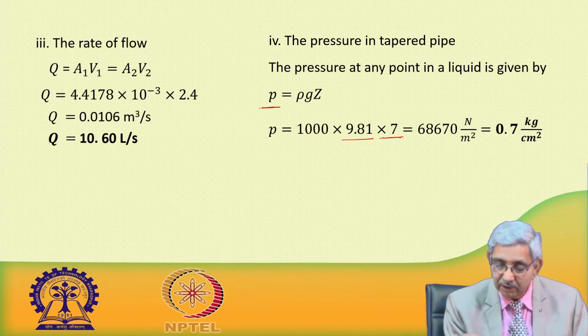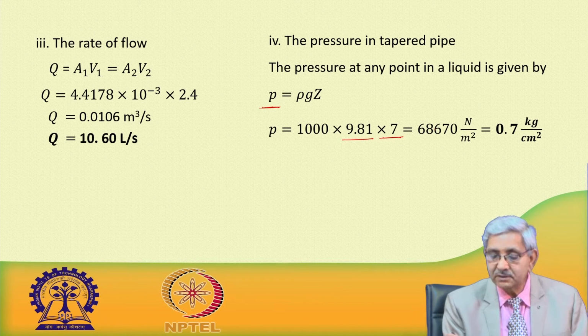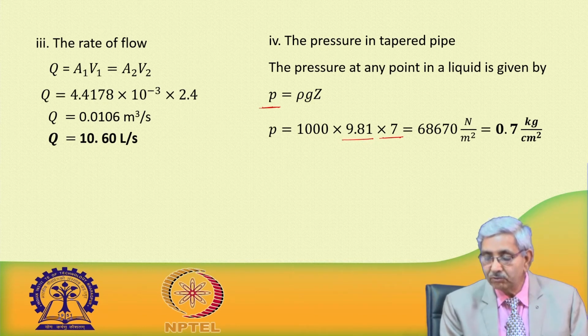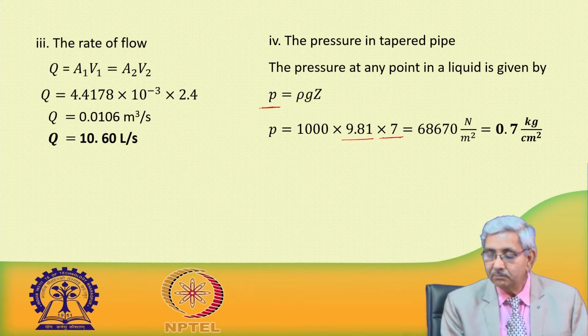Multiplying, we get 68670 Newton per meter square, which is equivalent to 0.7 kg per square centimeter.